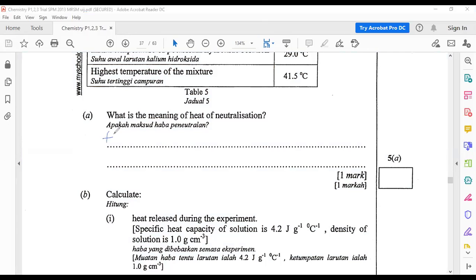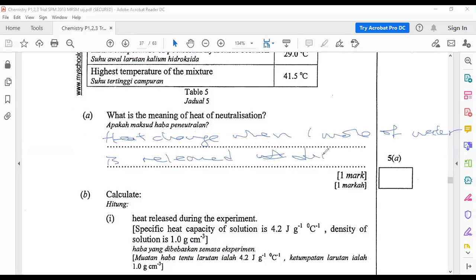It is the heat change when 1 mole of water is released during the reaction between acid and alkali. Okay, this is your answer. Now, please note that you have to tell about the 1 mole, and the main character is the water.